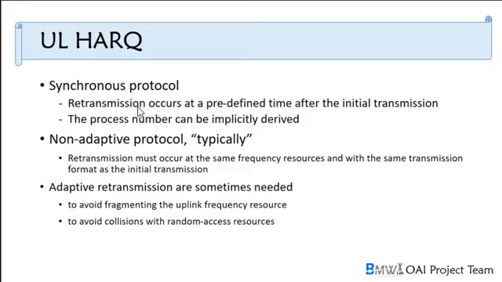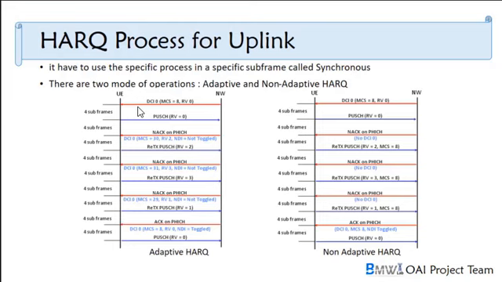So it will avoid collision in the adaptive part. Yes, this is the difference between the adaptive and the non-adaptive. You can see here, non-adaptive, no DCI, means that if you get no DCI, it will use the same resource allocation.